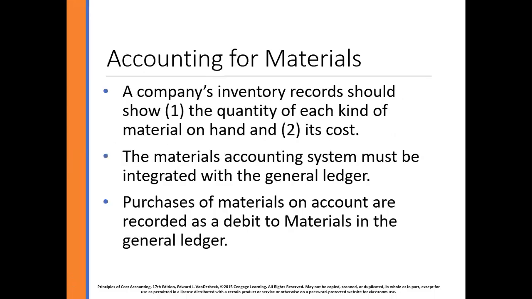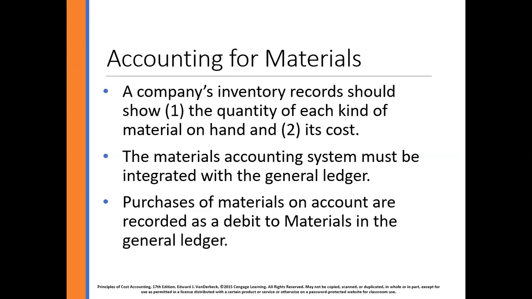All right, so accounting for materials. Ultimately, the amount of materials that our material ledger accounts show on our books, in our accounting software, is made up of the quantity that we have of material and the cost per unit.